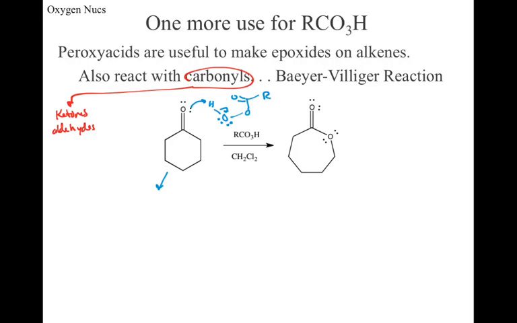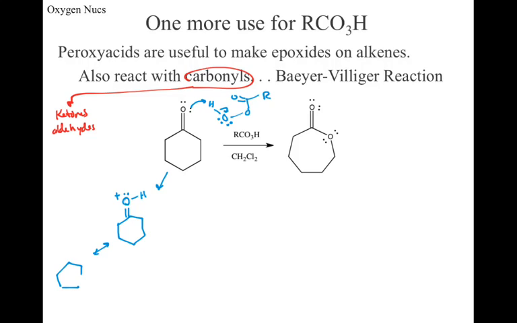And we'll probably run it under slightly acidic conditions as well. The result is that we now have our protonated, what did I use? I used the lone pair. We have our protonated carbonyl, which is resonance stabilized.